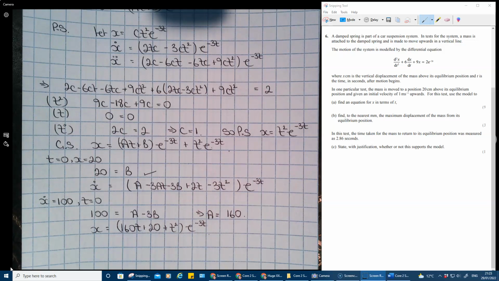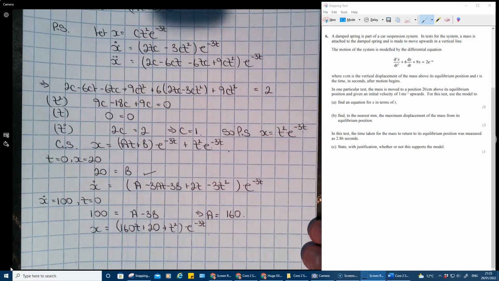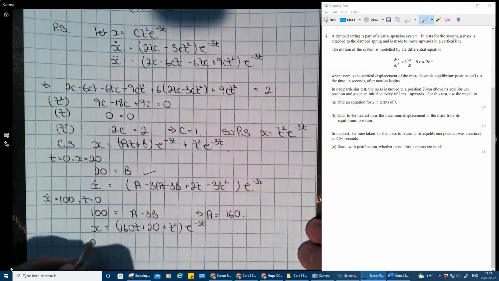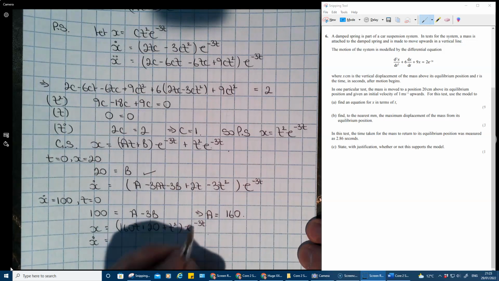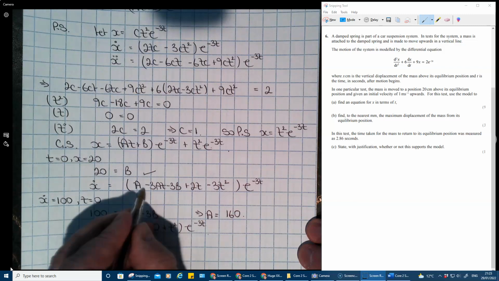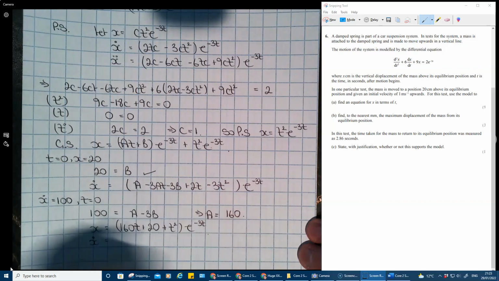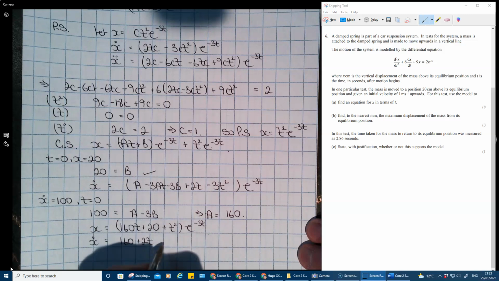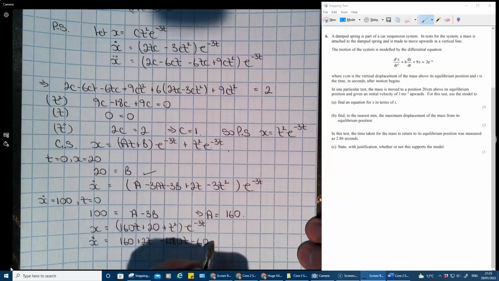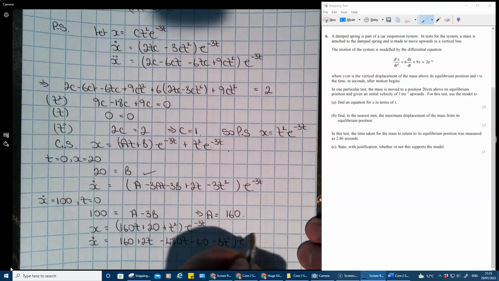So maximum displacement is when the velocity is 0, so x dash, differentiate this times this, differential of this times this. I could just use this one up here for x dash, but I'll do it again. 160 plus 2t, and this differentiated, minus 480t minus 60 minus 3t squared, e to the minus 3t.